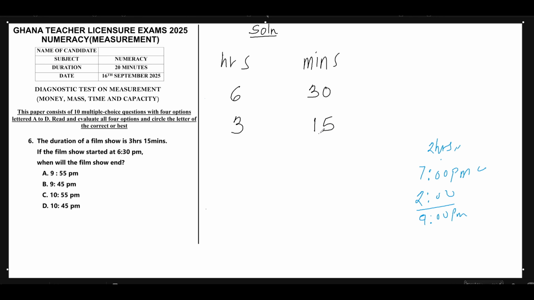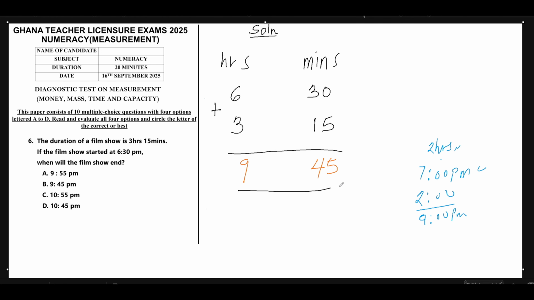Remember, we are looking at the time the film show will end. So we need to count on, that is addition. In other words, we need to add the duration to the start time. So let's work it out. Starting from the minutes column, 30 plus 15 is 45, and then 6 plus 3 is 9.